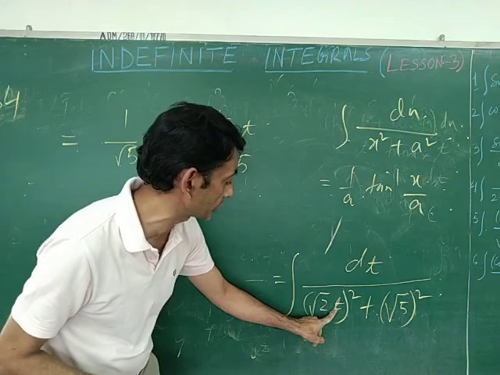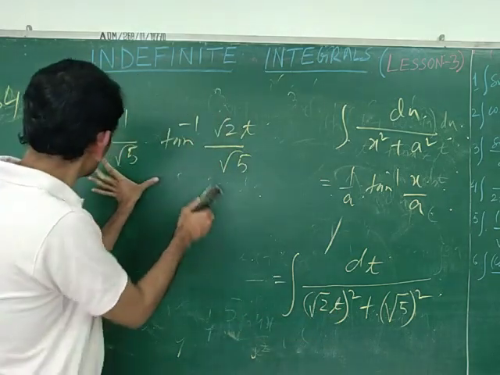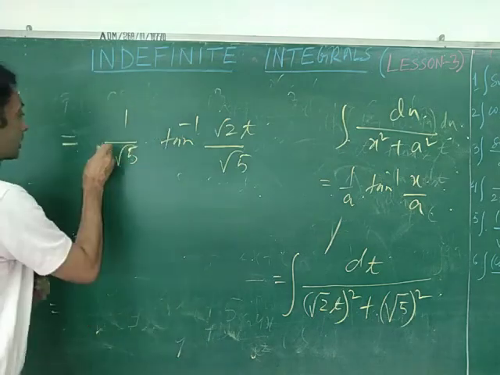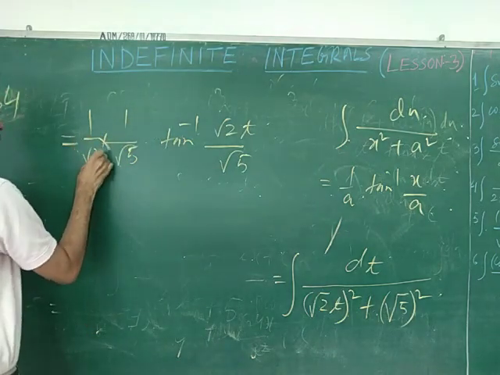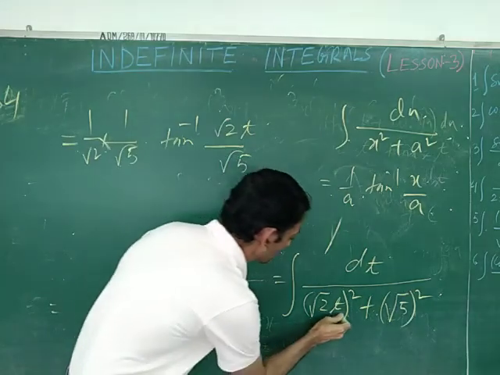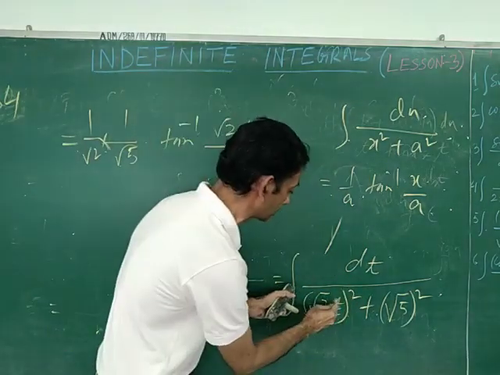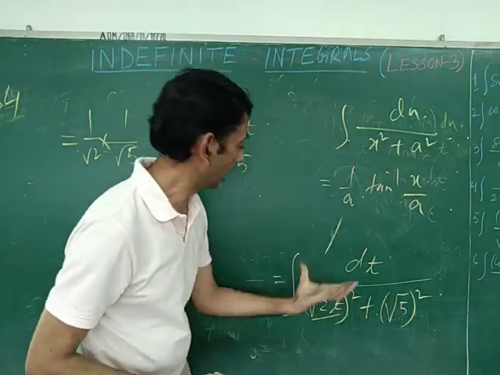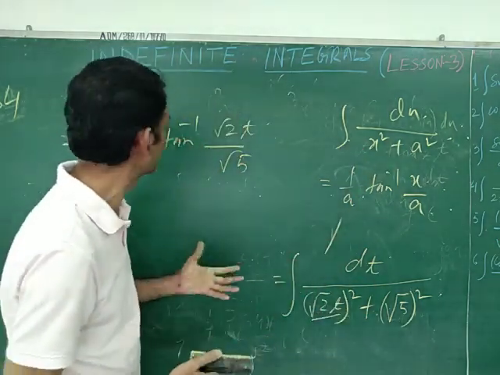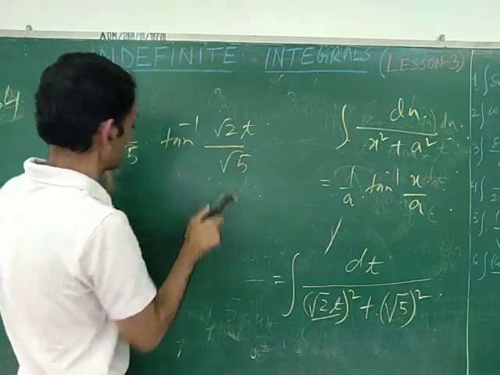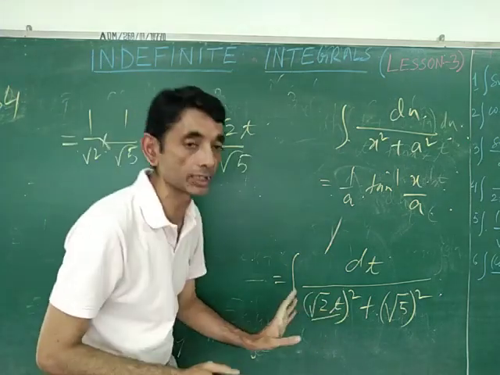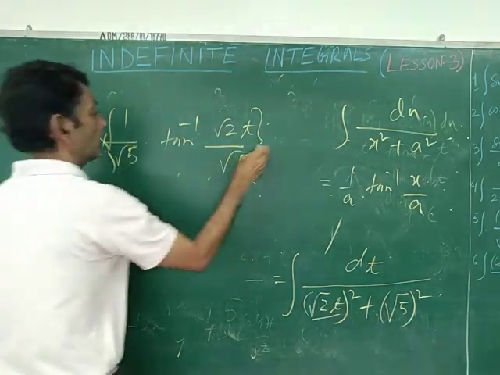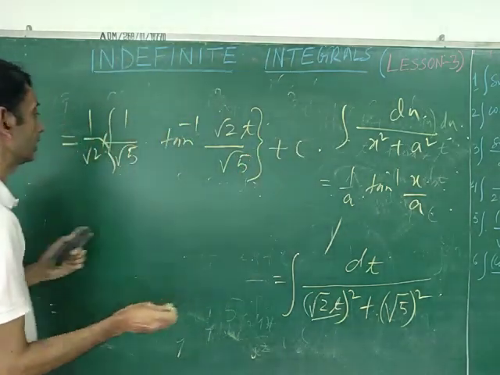The coefficient of t is root 2, so this whole thing is to be multiplied by 1 by root 2. Otherwise, you can take another variable for root 2t and use this formula as it is. If you use this formula directly, the result is multiplied by 1 by the coefficient of t, that is 1 by root 2, plus c. So finally, what's the answer?